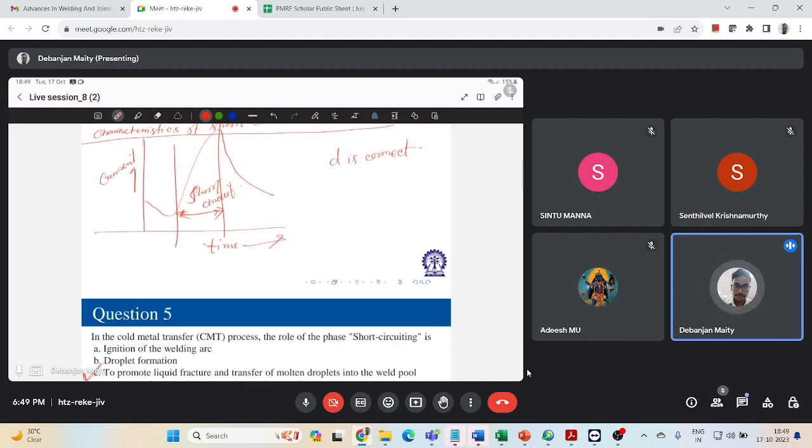Along the path of whatever CAD design or STL file has been converted, if you are talking about metal additive manufacturing, the melting and solidification will be very precise in that path, right?